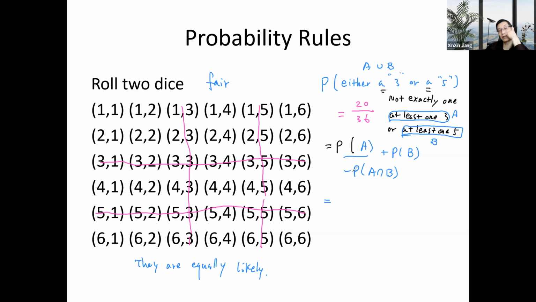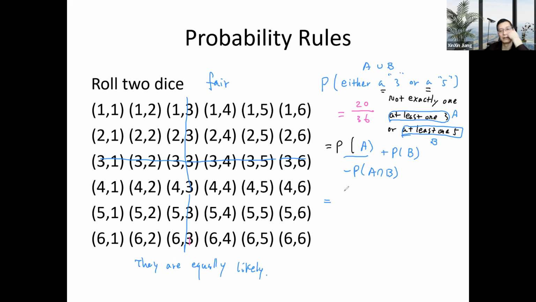Probability of A is at least one 3. There's another layer of union rule there. So you have 11 of them, right?